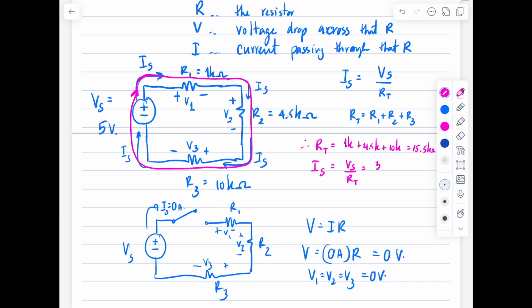So it's 5 over 15.5K ohms, and the answer would be 0.33 milliamps. Okay. So now I'm going to show you on the experiment board that it's true.